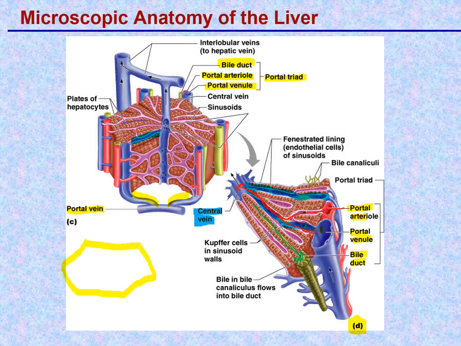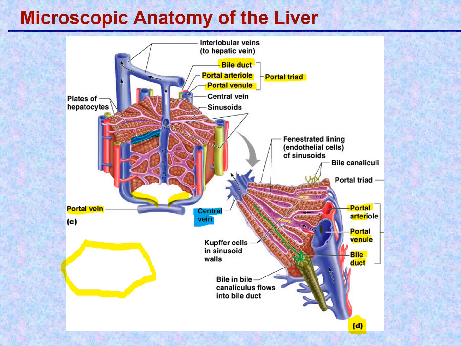So it all goes down, and in this way the hepatocytes on one side are exposed to blood, and on the other side they are secreting. The blood is coming from either the portal venule, bringing in nutrient-rich venous return from the intestines, or from the portal arterioles, and it's oxygen-rich, so they get an oxygen supply, and it all flows towards the central vein.